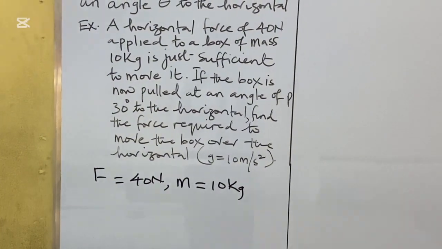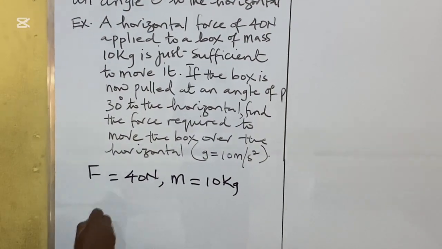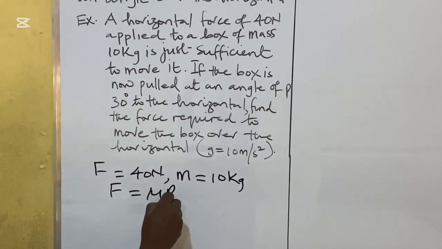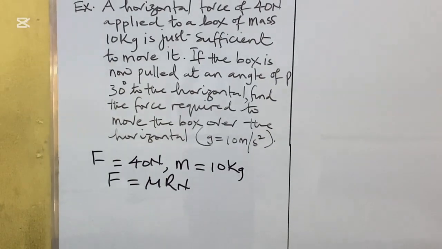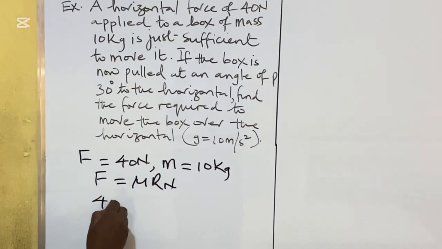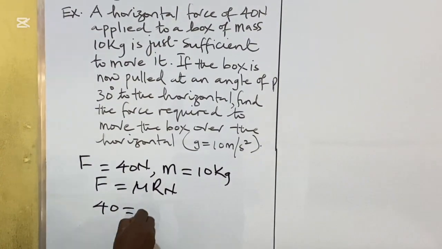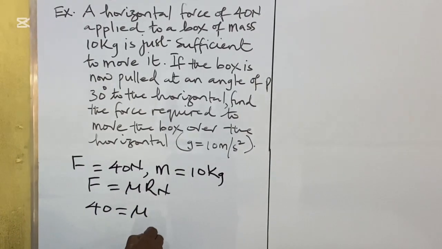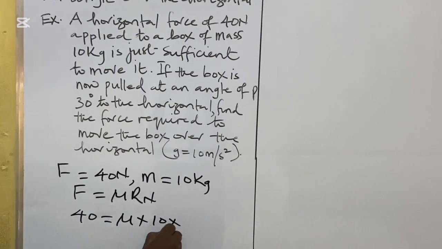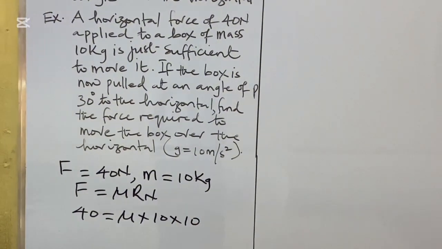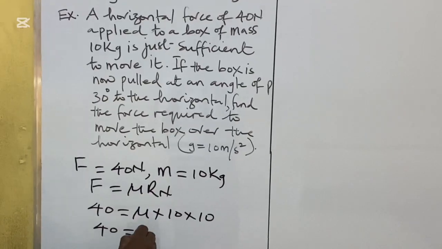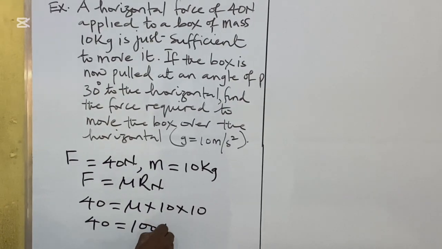kilograms. Alright? We can put in the friction equation as F is equal to mu Rn. Where the frictional force is 40. The coefficient of friction, we don't know. Times the normal reaction is 10 times 10. That gives us 40 is equal to 100 mu.